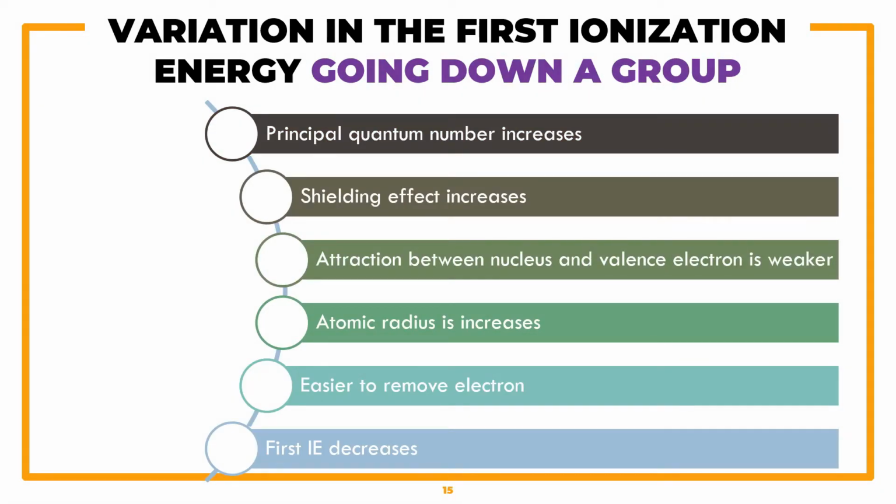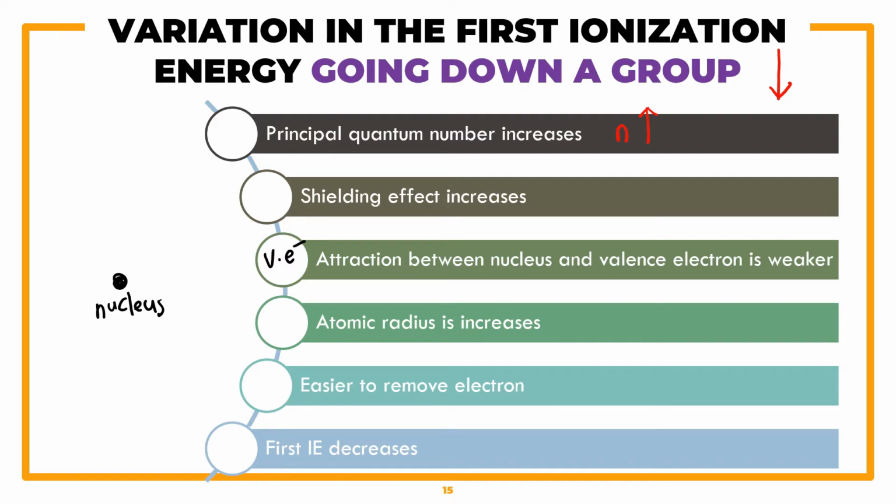Now, we are going to discuss the variation in the first ionization energy going down a group. Kita akan tengok bagaimana perubahan nilai IE menuruni sesuatu kumpulan. As we go down a group, principal quantum number N will increase. So apabila principal quantum number increases, you should expect we have many inner electrons.